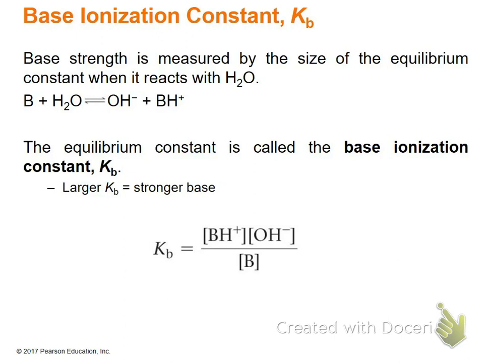And you want to make sure that you omit any liquids or solids from the expression. Again, the larger the Kb value, the stronger the base. So in this equation here, we have the base, and water is acting as the acid because it can donate a proton, and the base will accept the proton and turn into a conjugate acid.